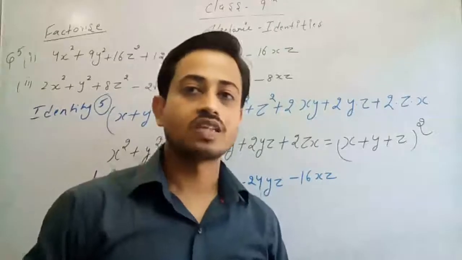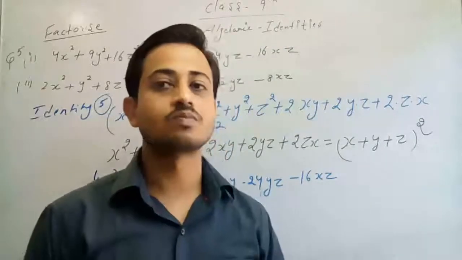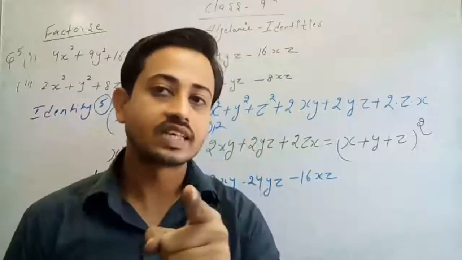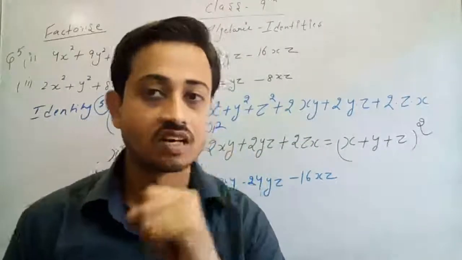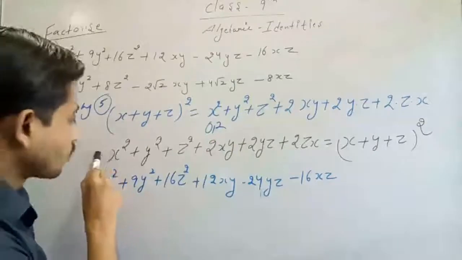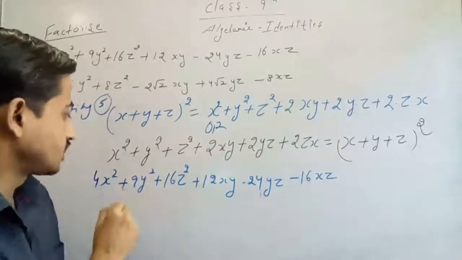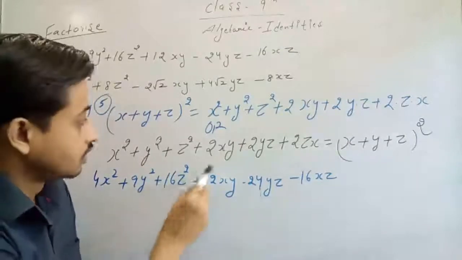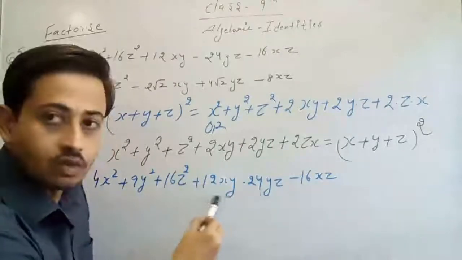Step 1 is you have to find out the sign, whether all terms have positive or negative sign. How can we check? By checking the sign of each term. This is positive, this is positive, this is also positive. Z square is positive. 2xy is positive.